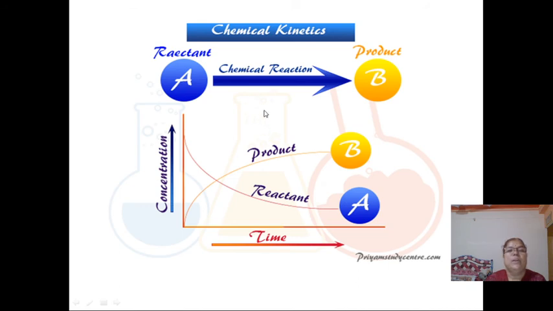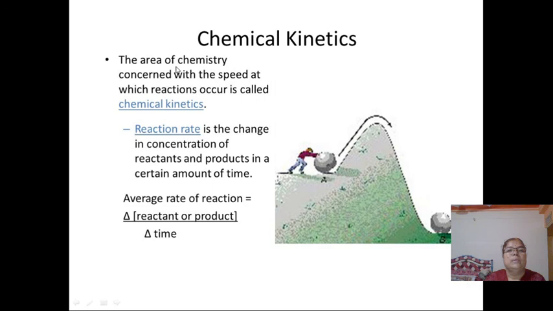And the rate of reaction is the rate of change of concentration with time. So reaction rate is the rate of change of concentration with time, and average rate of reaction is equal to change in concentration of reactant or product divided by change in time.